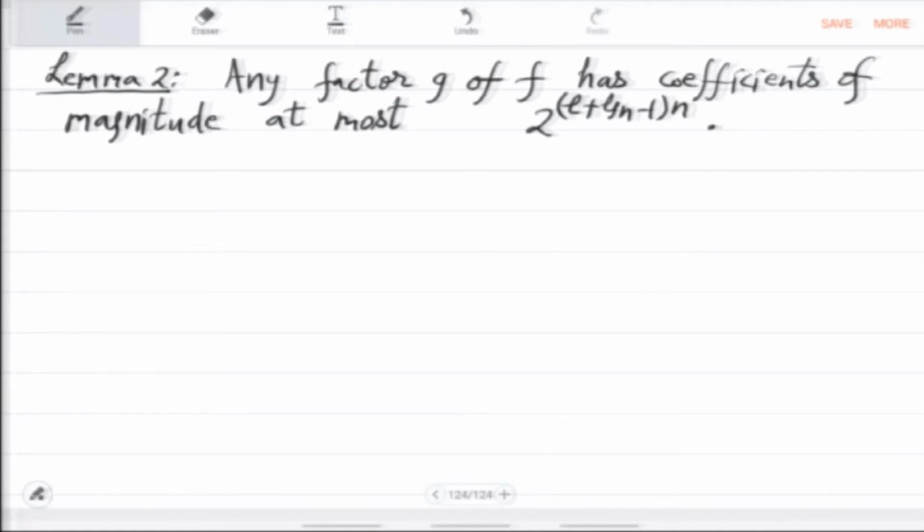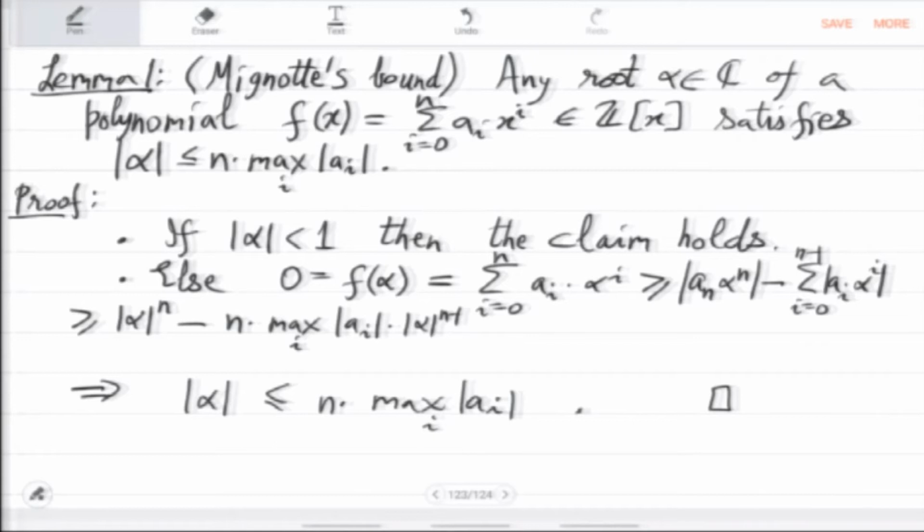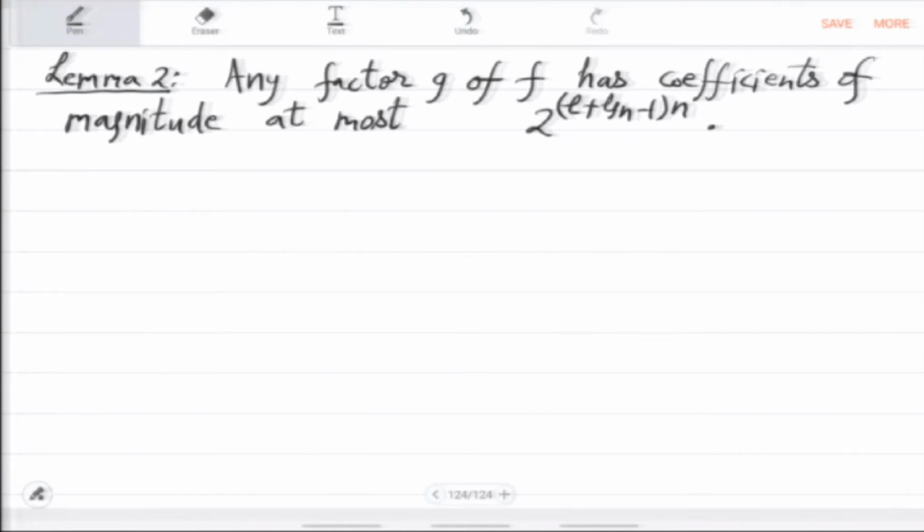Okay, so what this is saying is, what did you get in Minkowski's bound? You got that the magnitude of a root, a complex root, is around the bit size of the coefficients, right. So it's kind of n times 2 raised to L. For the factor you are getting something slightly larger.